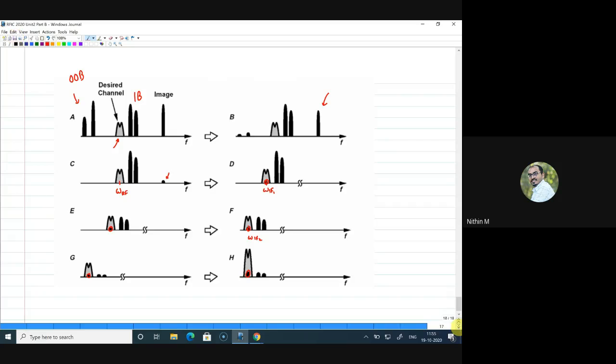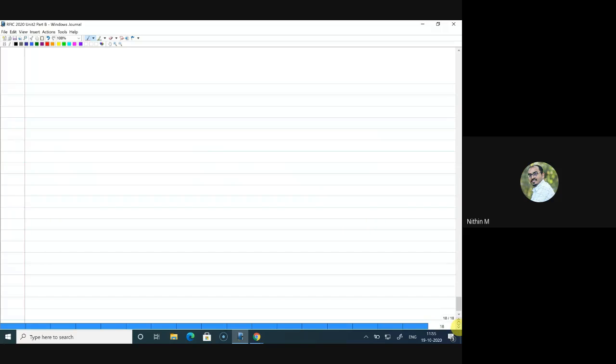Now, before looking at the problem of the secondary image, I just want you to look at one type of receiver. Instead of employing these kinds of filters and multiple down conversions to get a signal, there is one architecture where people suggested that we can employ image reject receivers, not by filtering the images, but by rejecting the images itself.